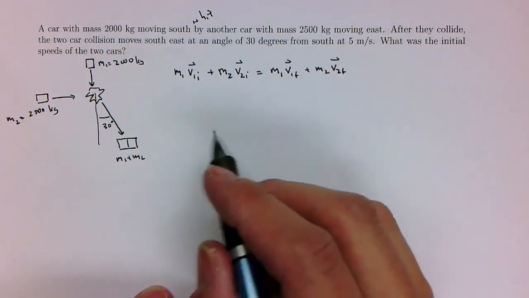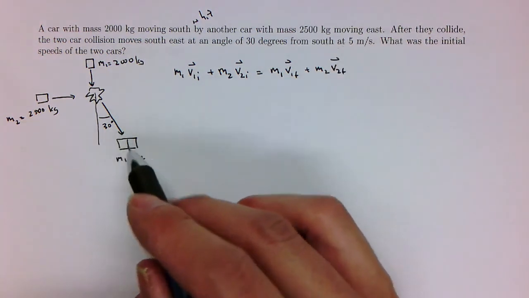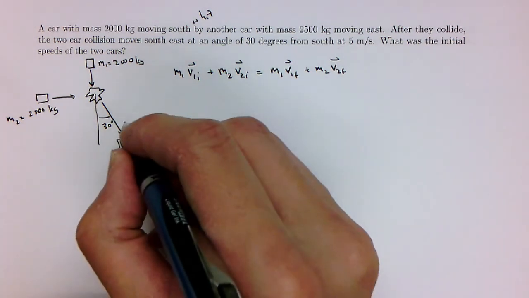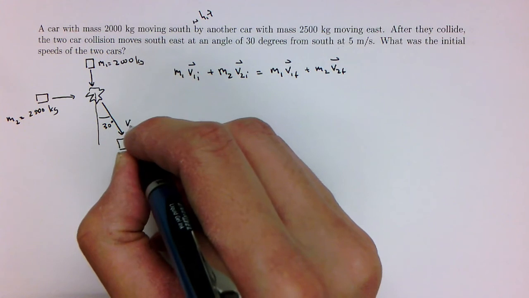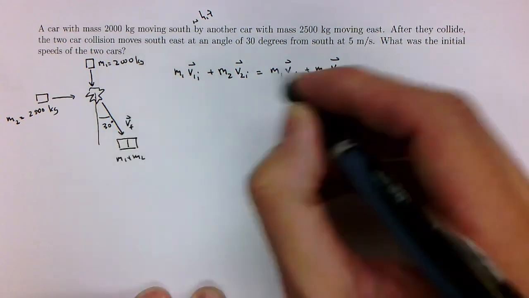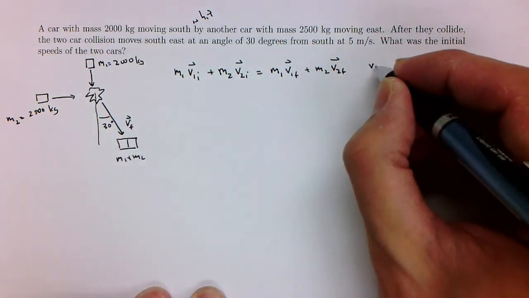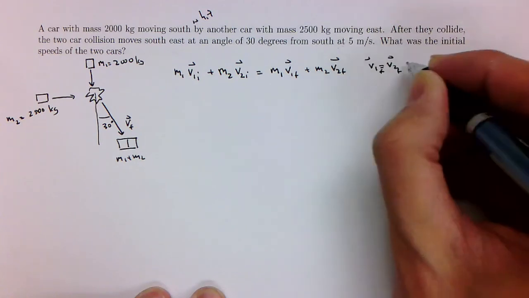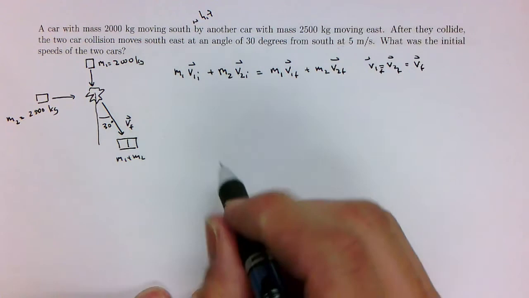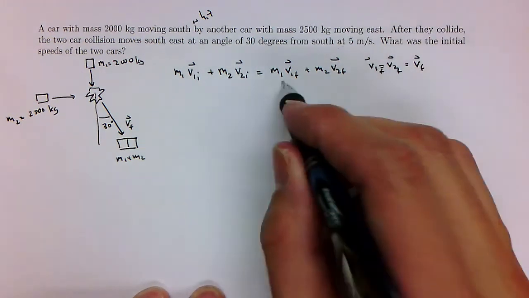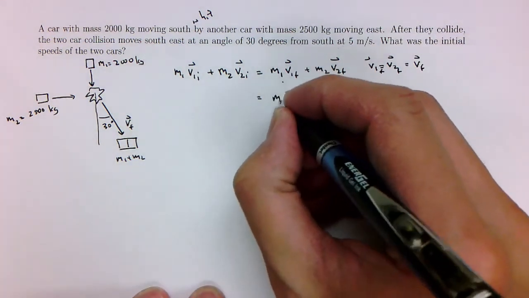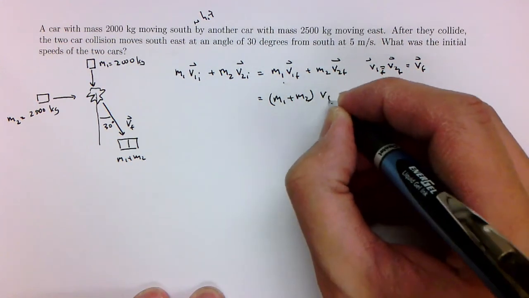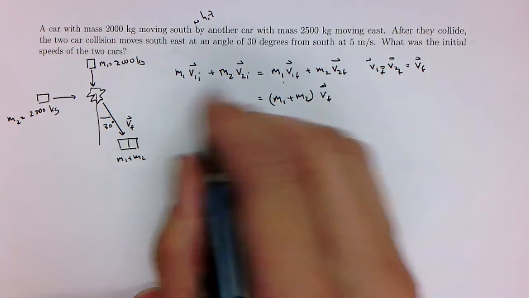We do know, however, that these cars stick together and end up as a single unit moving to the southeast. So let's call this velocity VF for the two of them, and we know that V1 final is equal to V2 final, which is equal to VF, because they stick together. Applying this, we have M1 plus M2 times the VF vector.